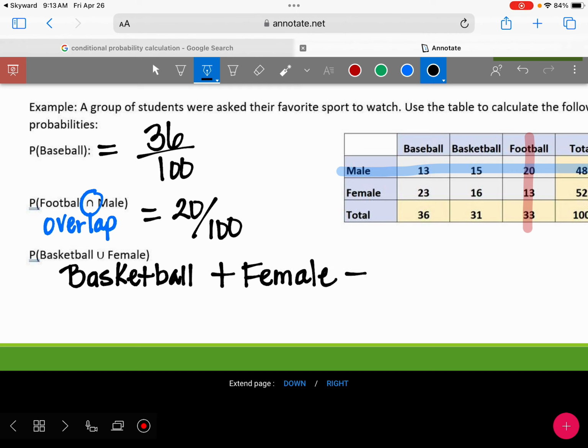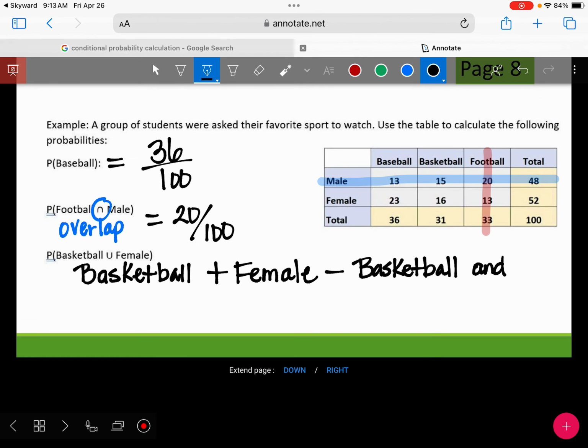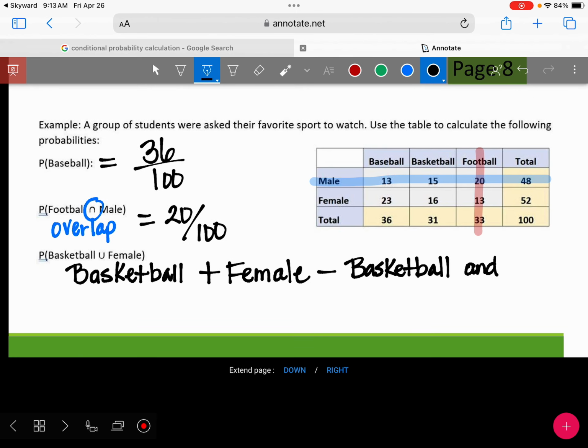But we have to subtract the basketball and females. And that's always going to be your formula for OR. So go ahead and copy that down, and then we'll work through it together.